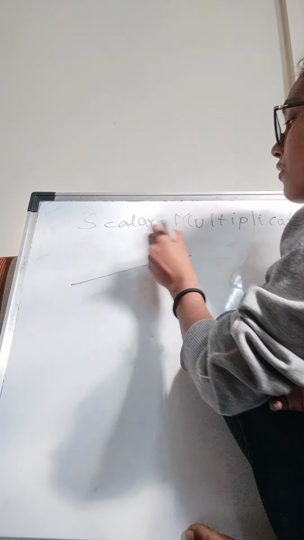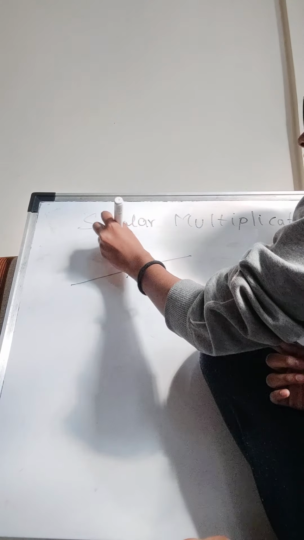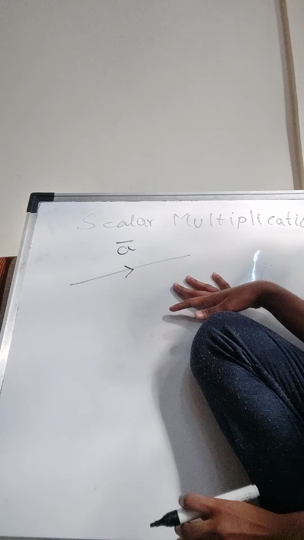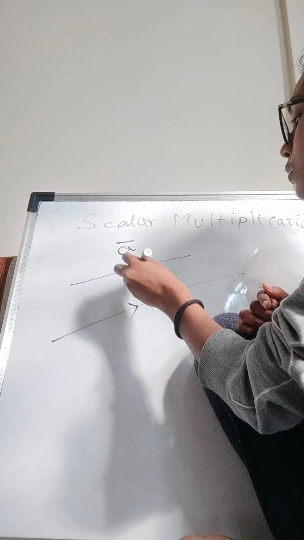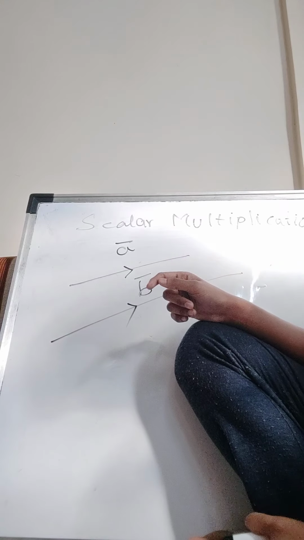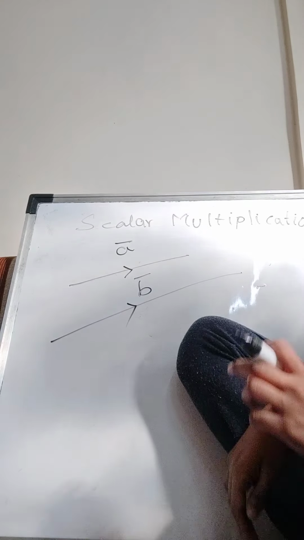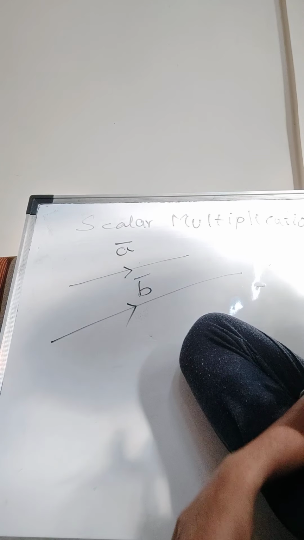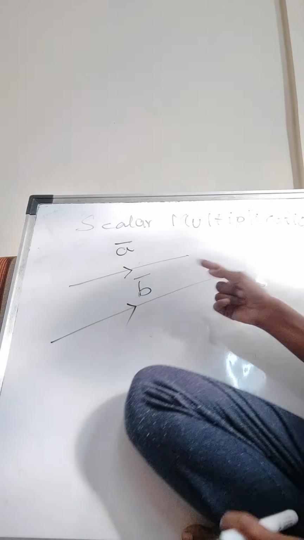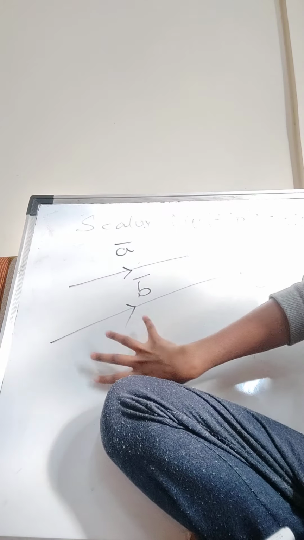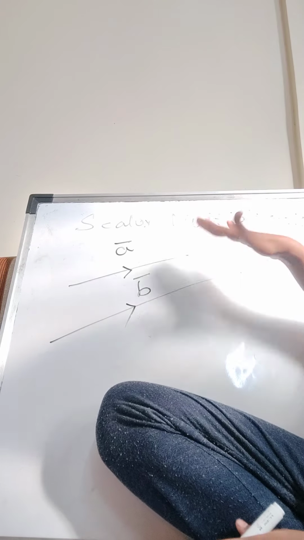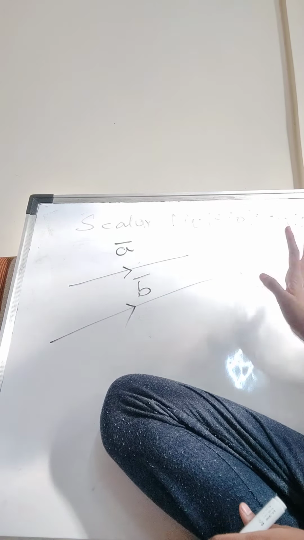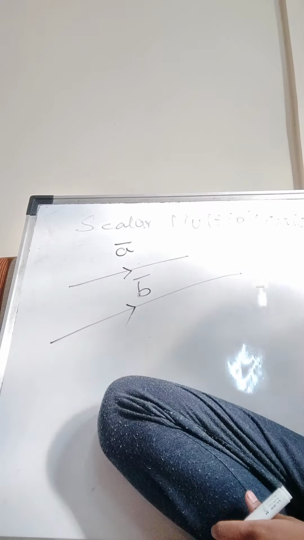First is, if you're given a vector A bar, and if another vector is given which is parallel to this A bar. Now as you can see, it is parallel, but is it equal? No, these are not equal. The magnitude of B bar is greater than A bar, but these are parallel, so the direction has to be the same.